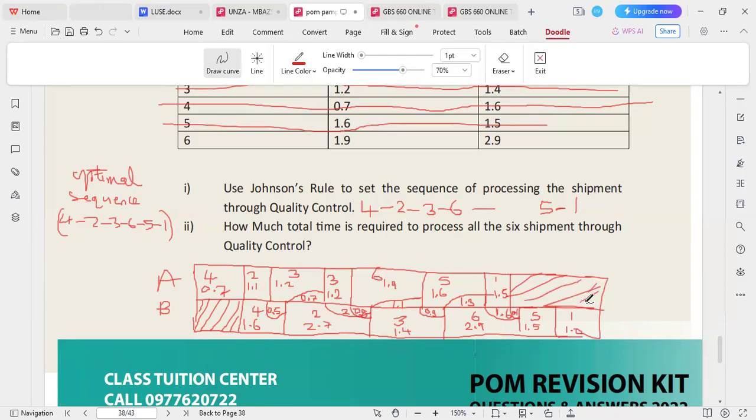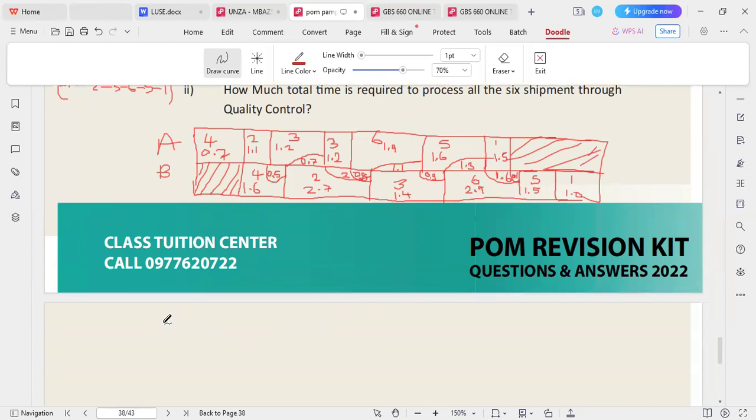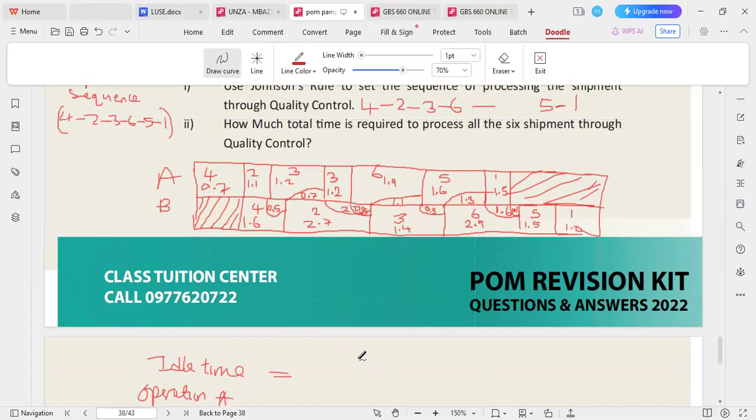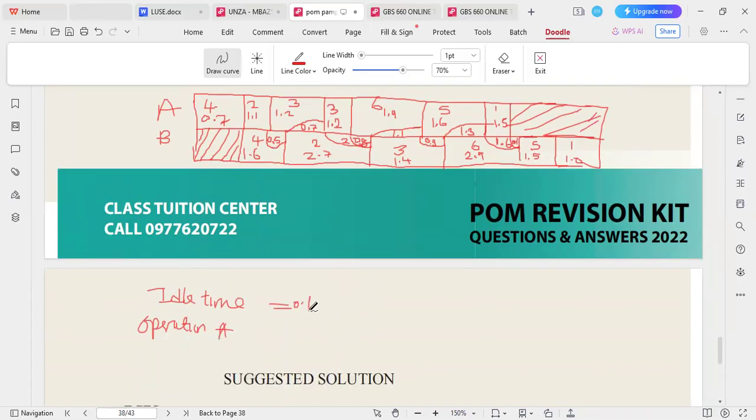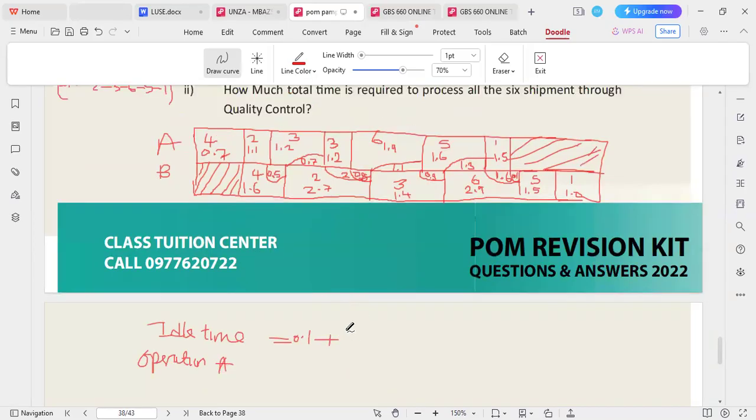So the idle time for operation A is going to give us 0.1 plus 1.5 plus 1.0. So 0.1 plus 1.5 plus 1, 2.6 hours.